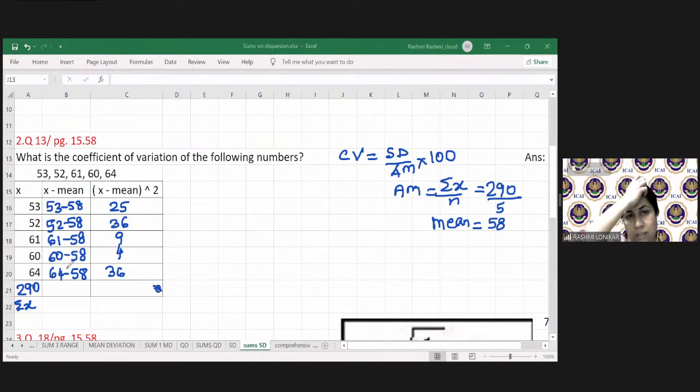So how much is this addition? How much will this summation of x minus x bar whole square be? How much will this total be? Let us find out.